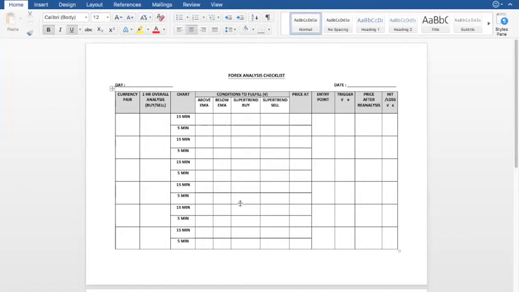Okay, this is the spreadsheet. Basically, you put, for example, Australia, Canada. You take Australia, Canada, then you go to the 1 hour overall.